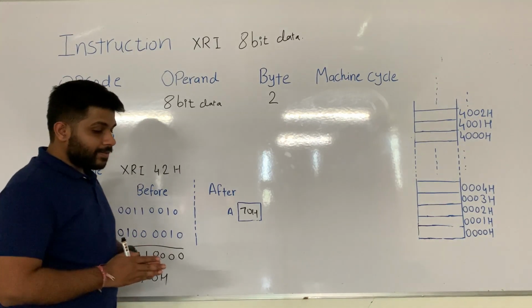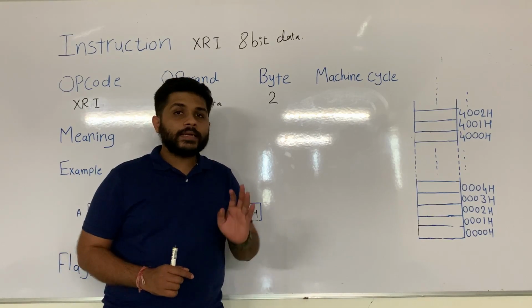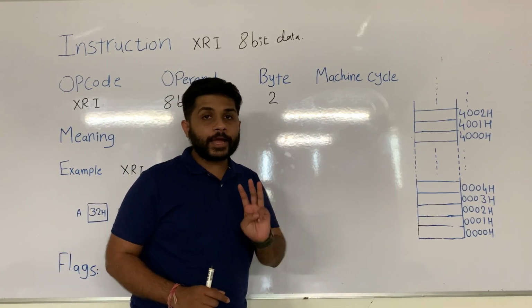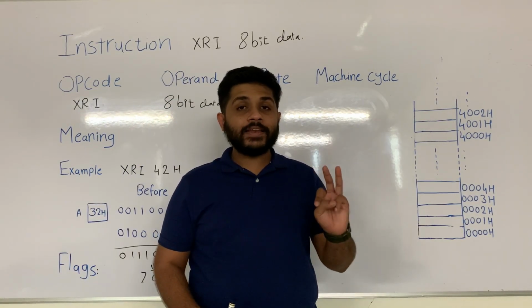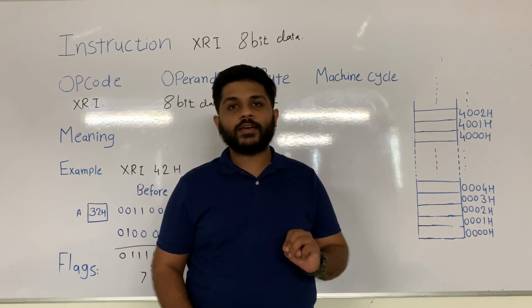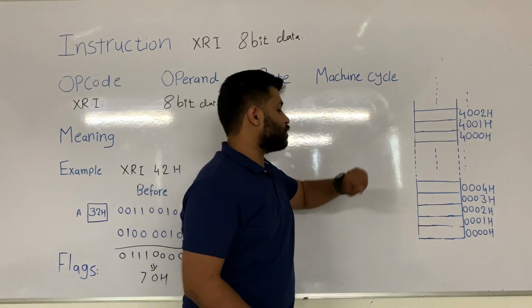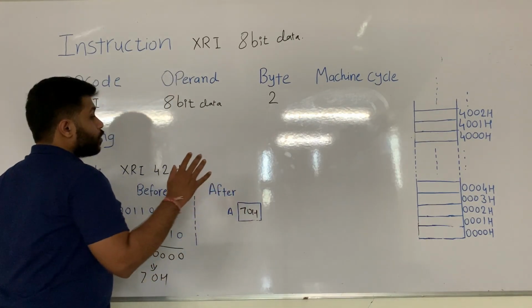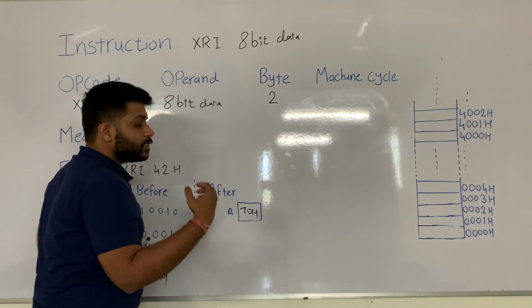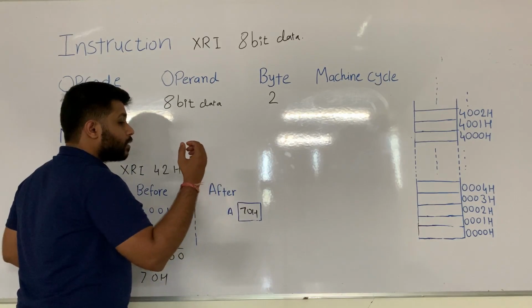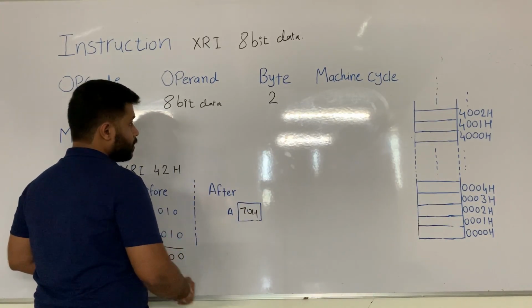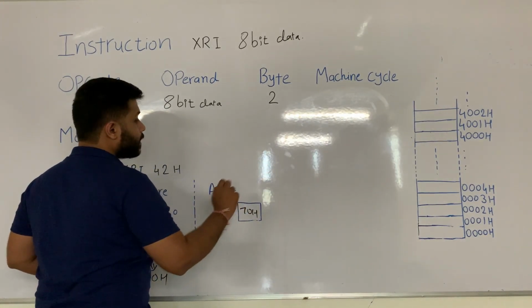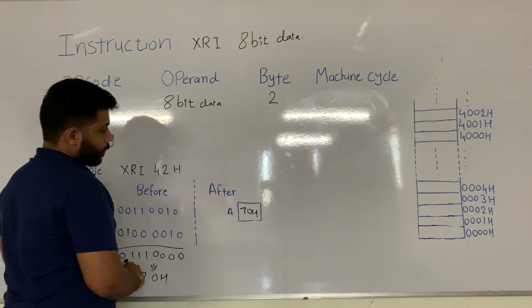As this instruction is a logical instruction, only 3 flags will be affected according to the result: the sign flag, zero flag and parity flag. Now let's see the machine cycle. First of all, when we give this instruction to the memory, the instruction will be stored. Because this instruction is of 2 bytes, it will occupy 2 memory locations.